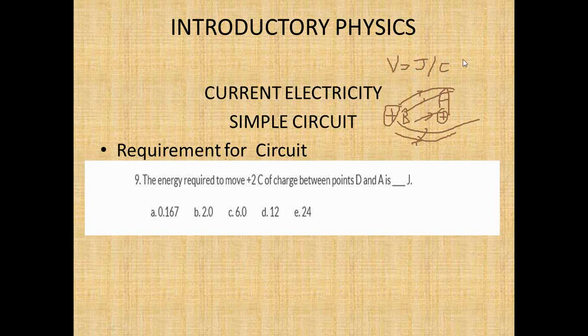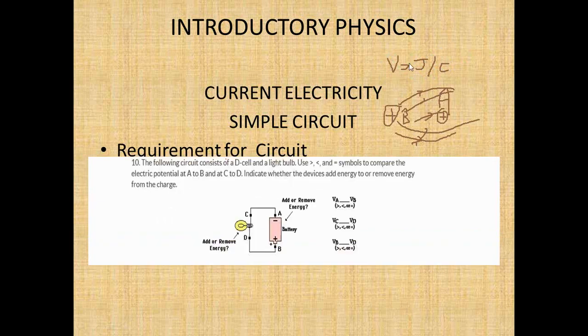If you simplify this equation to get just joules, which is the energy, it is equal to volts times coulomb. So it will be 12 times 2, which is 24. So that's 24, the energy required to move 2 coulombs of charge between point D and A.